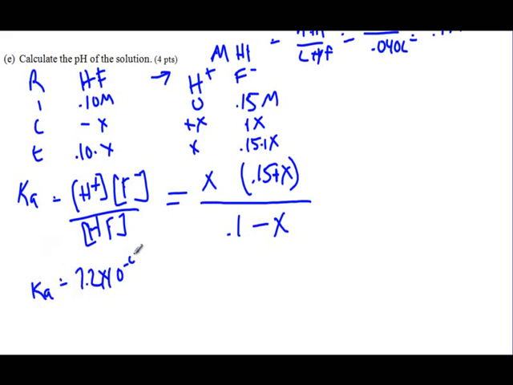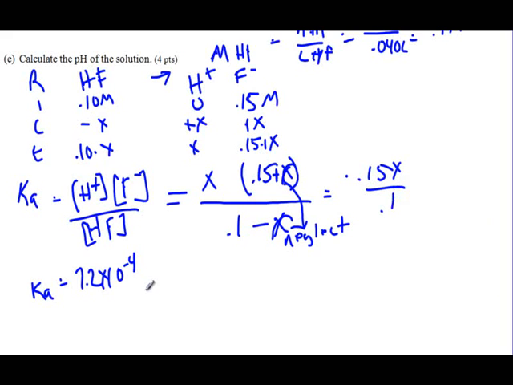We said that x is going to be insignificant, so we are going to neglect it in both places. That gives us 0.15x over 0.1, and we're trying to solve for x.